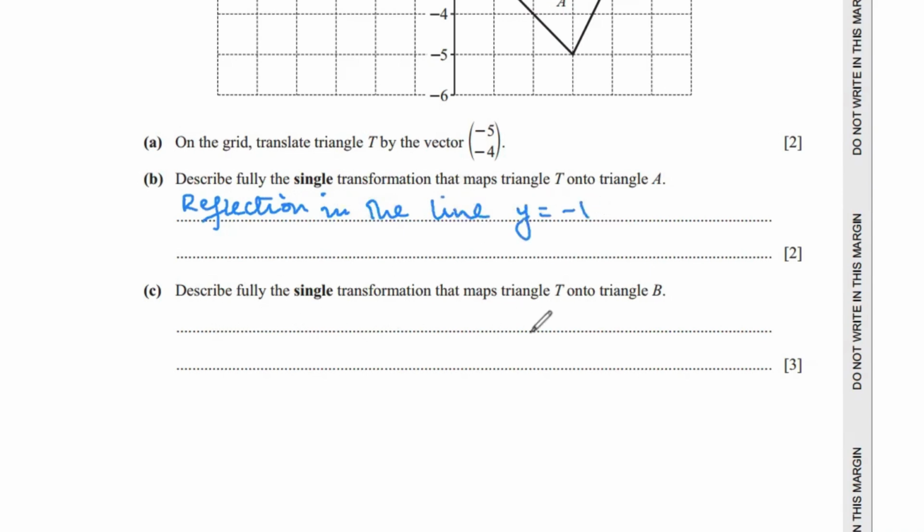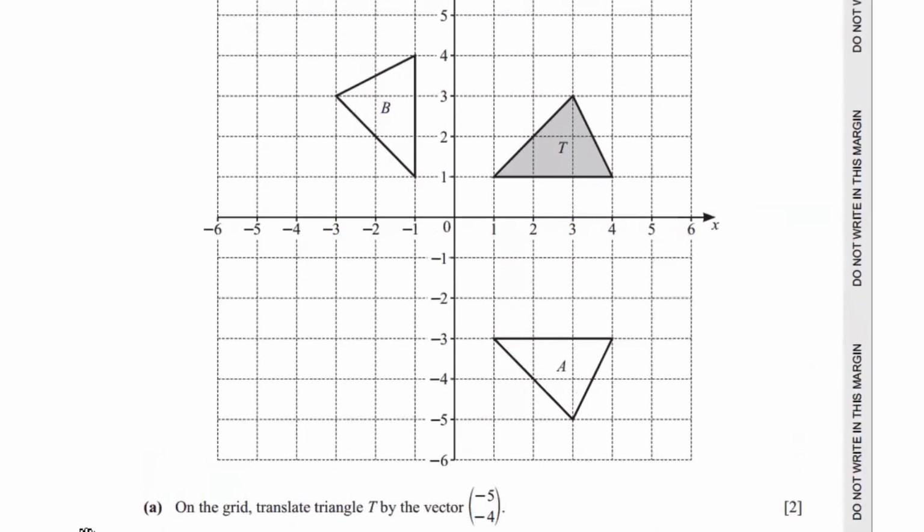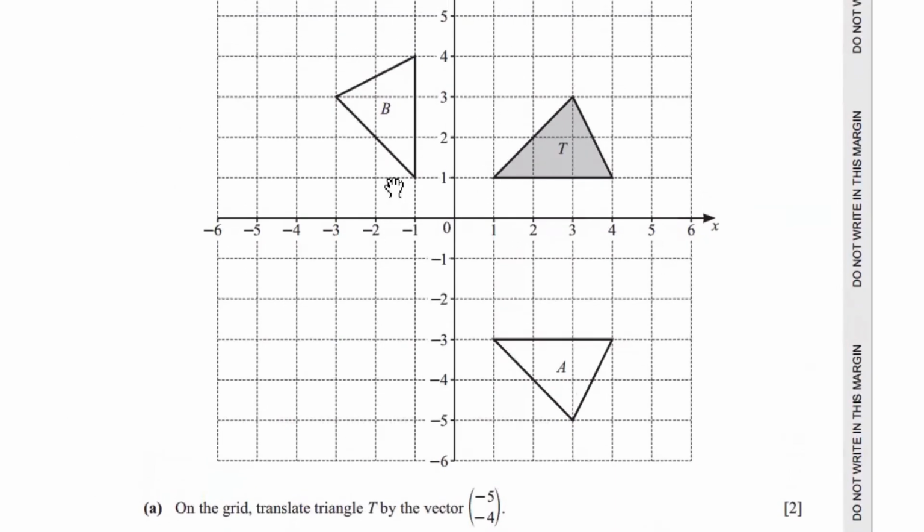Then describe fully the single transformation that maps triangle T onto triangle B. T onto B is a rotation of 90 degrees anti-clockwise because it's in this direction, that's the anti-clockwise direction. And the origin is the center of rotation, because if we compare these 2 points, we can see that this point originally is 1 unit vertically and 1 unit horizontally away from the center.